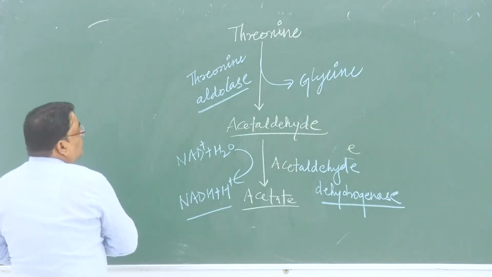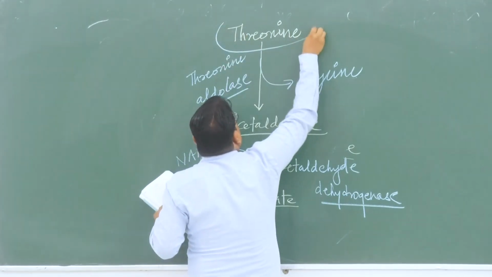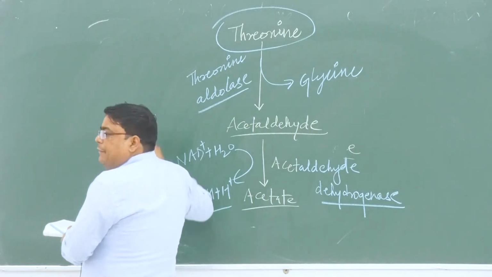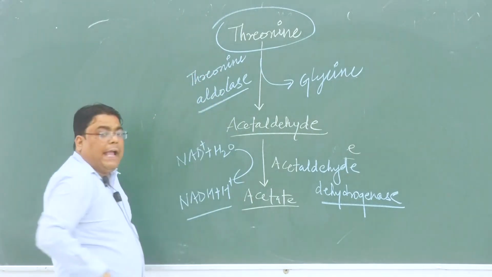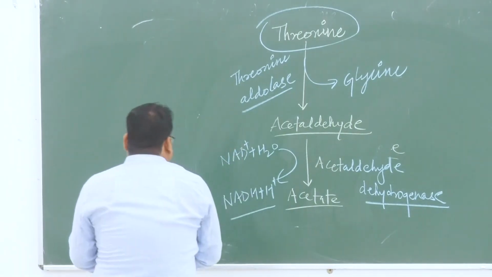Okay, so threonine is converted into acetaldehyde and then it is converted into acetate.